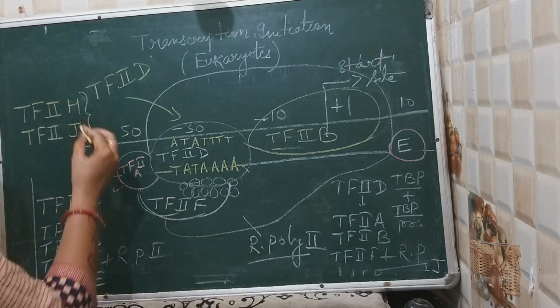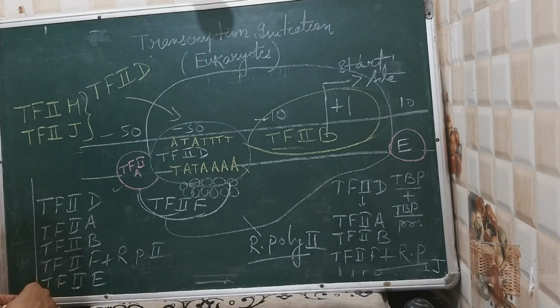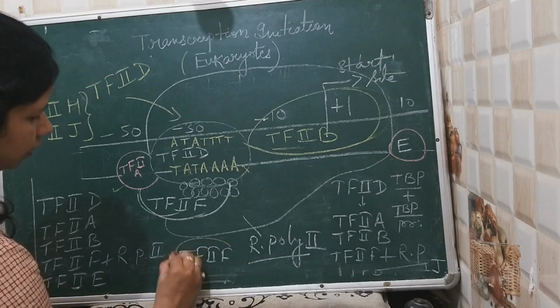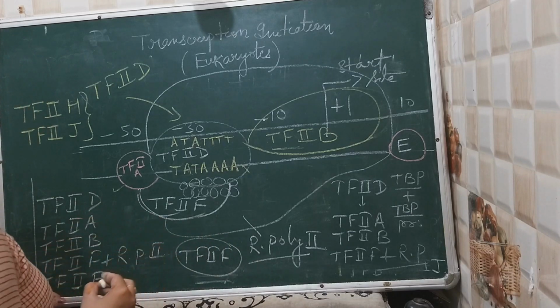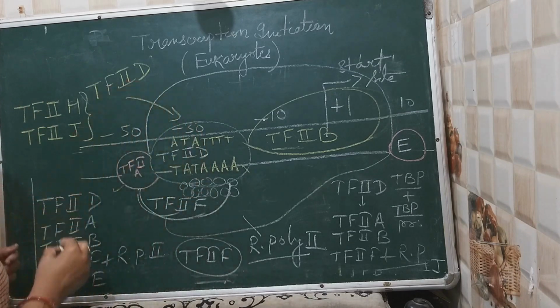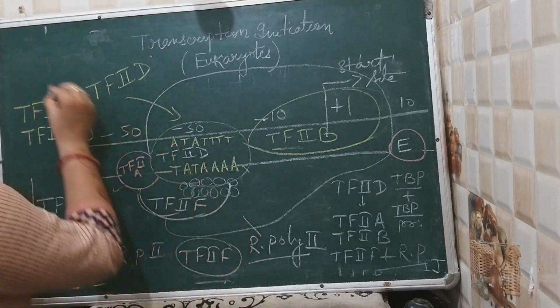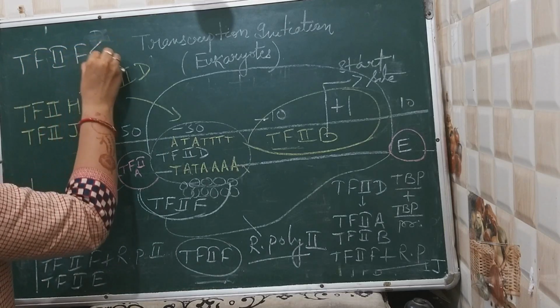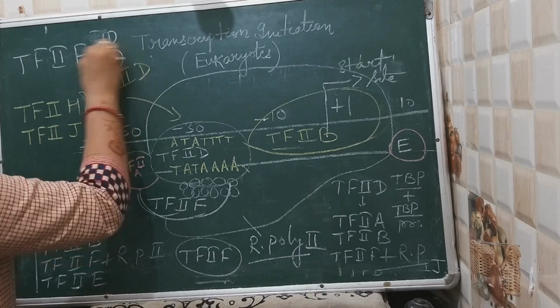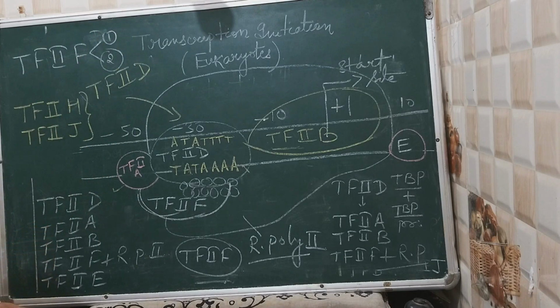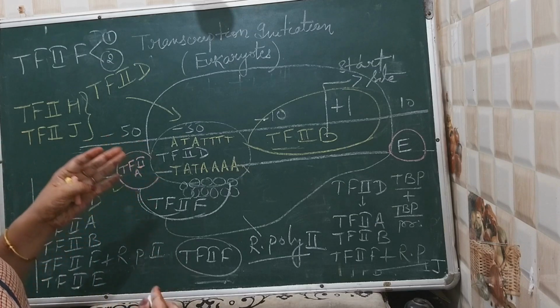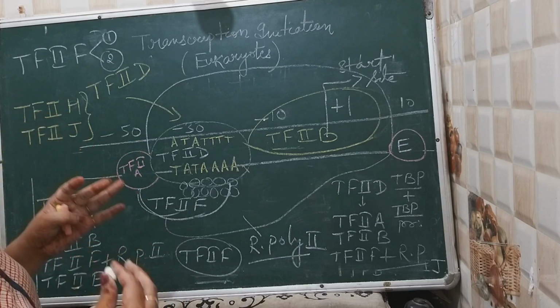But here I have forgotten to tell you one thing, that TF2F has two subunits, and one of the subunits has the activity of unwinding the DNA helix, the activity of local unwinding.